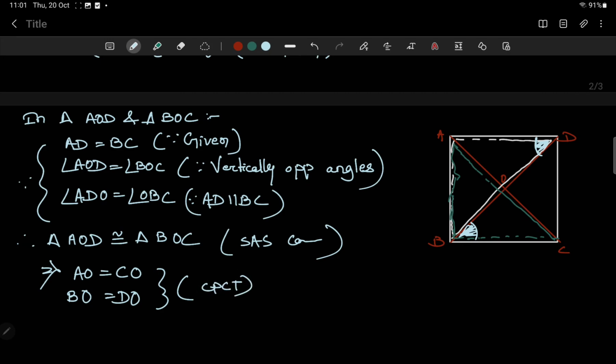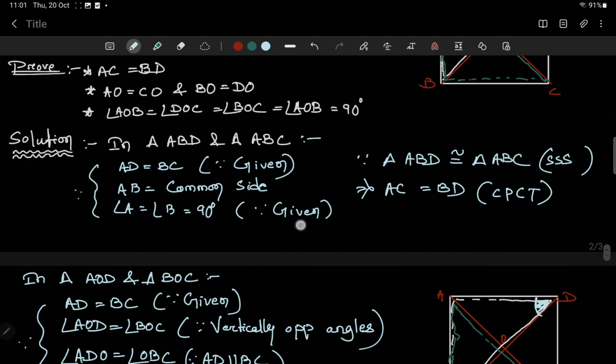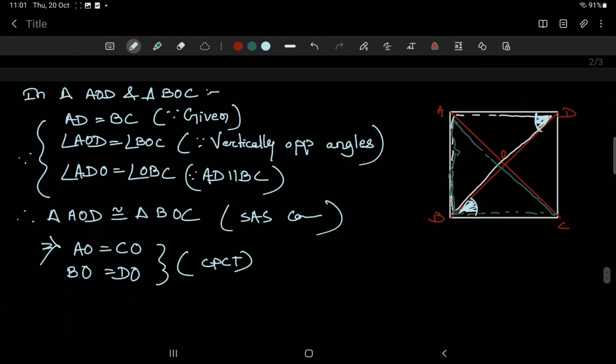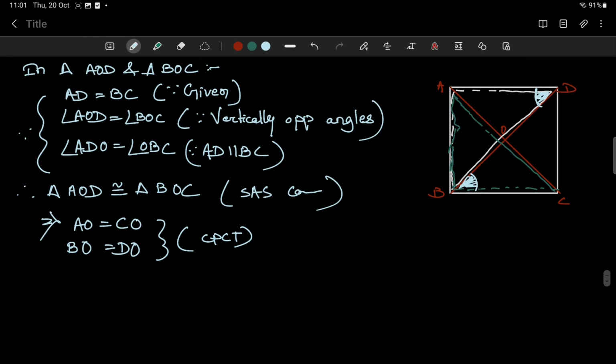So part 2 is also proved, and part 3 is that the angles are 90 degrees, which you have to prove. These angles are 90 degrees.